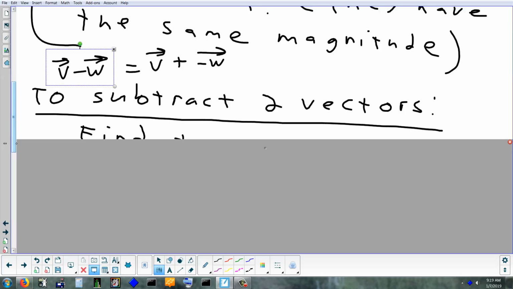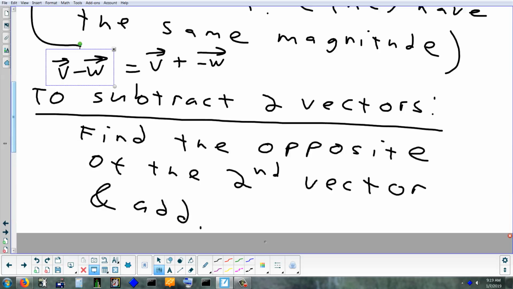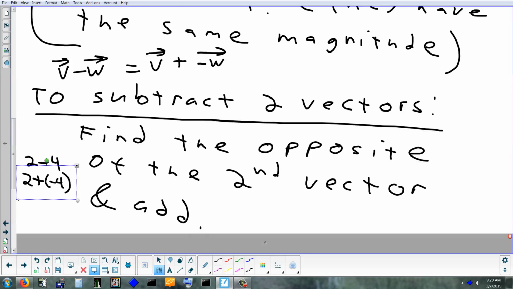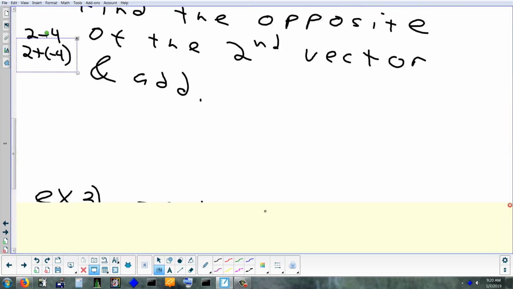Visually, just the opposite direction, just flip it around. Okay, it's like spin it around 180 degrees. So when you want to subtract two vectors, just take the opposite of the second one and add it. It's basically just doing something like this. If you don't understand how to do 2 minus 4, but you know how to add, well then just think of it as 2 plus negative 4. Take the opposite of the second one and add. And that's really subtraction.